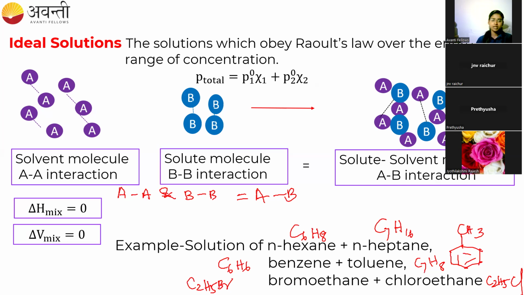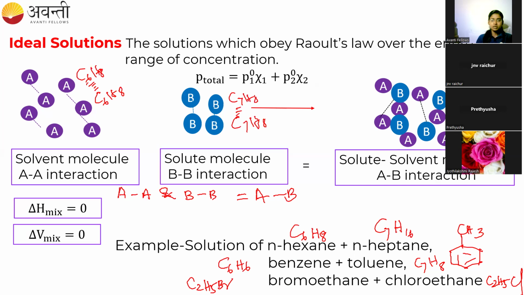Now for example, if I take hexane and heptane, A molecule is hexane. Between one hexane molecule and another hexane molecule, there will be some attractive force. That will be equal to the attractive force between one heptane and another heptane.